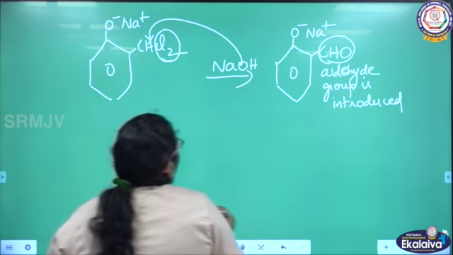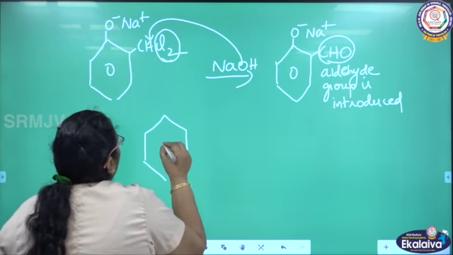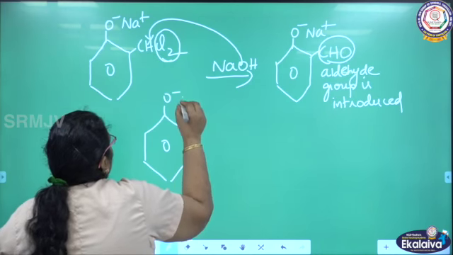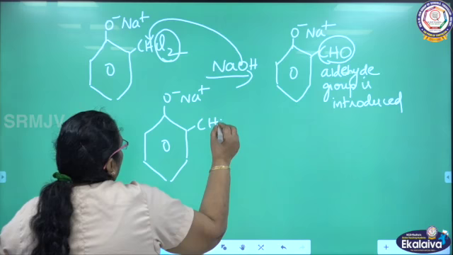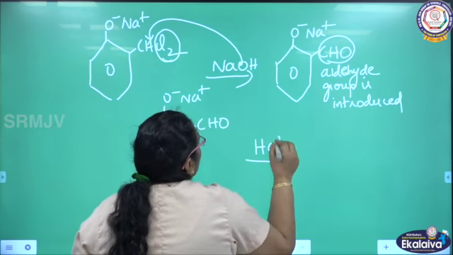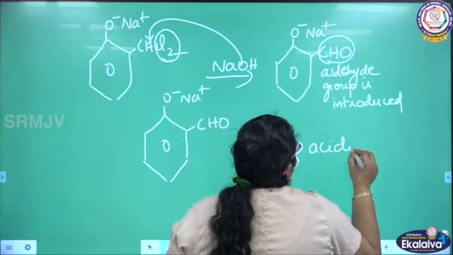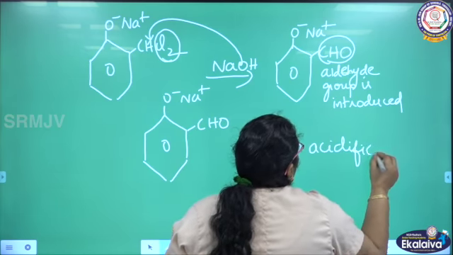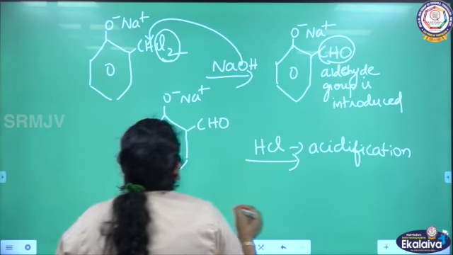Okay, what is the next step? Write the compound once again: O-Na+ with CHO. Further, on acidification, we are adding acid, HCl.